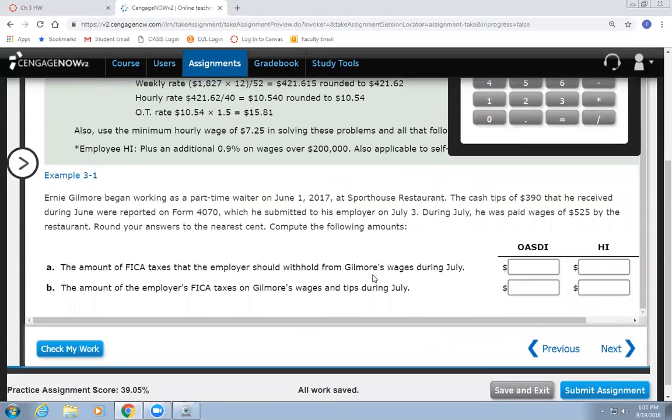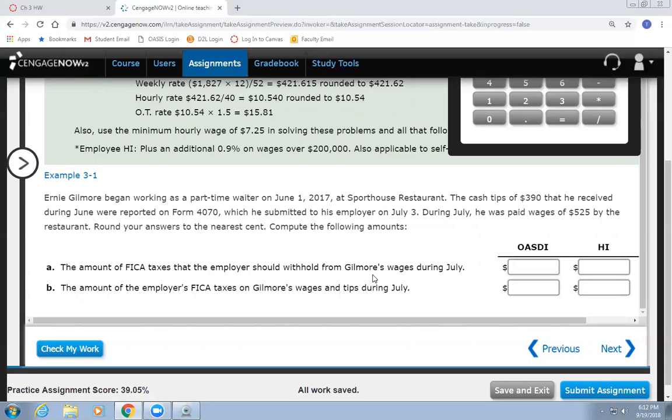And the next one is an example that includes a tipped employee. We talked about last chapter that for tipped employees, we do have to count their tips as part of their taxable income. So whatever that employee reports to the employer in tips is added into their taxable income.